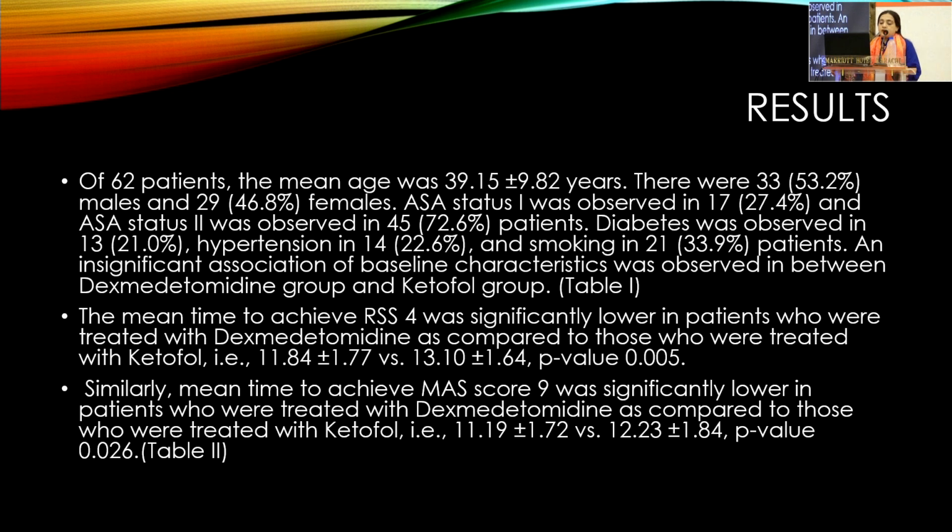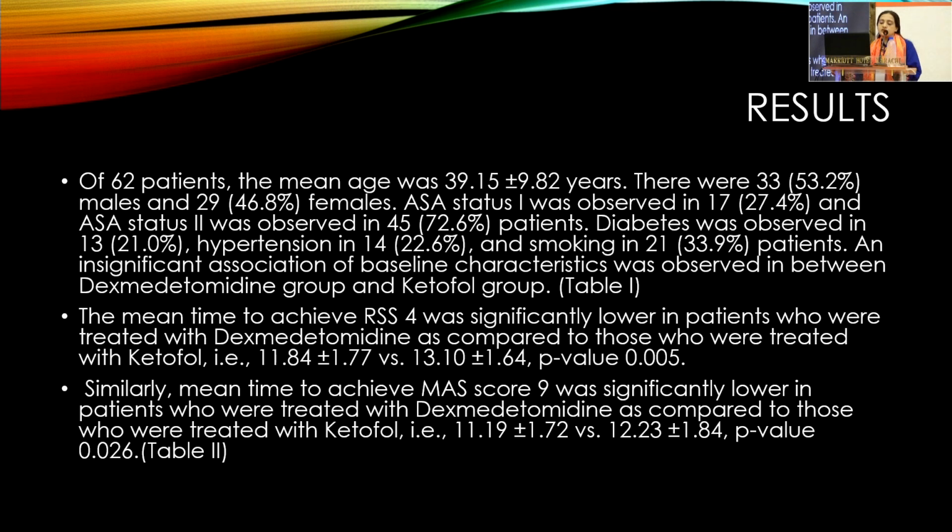In results, we had 62 patients. Mean age was 39, and there were 33 males and 29 females. ASA status 1 was observed in 17 patients, and ASA 2 was observed in 45 patients. An insignificant association of baseline characteristics was observed between dexmedetomidine group and ketofol group.